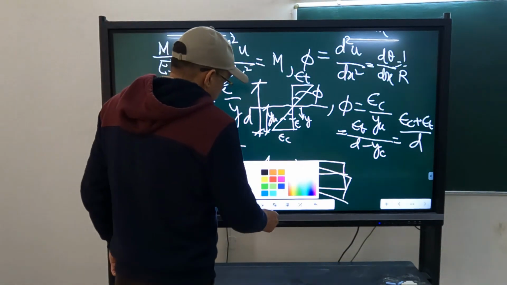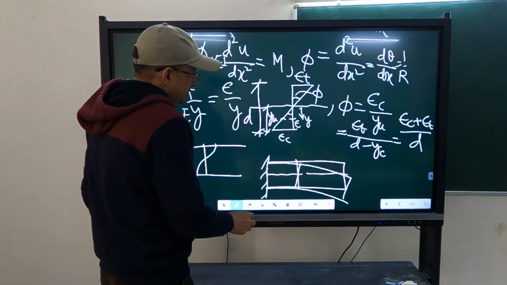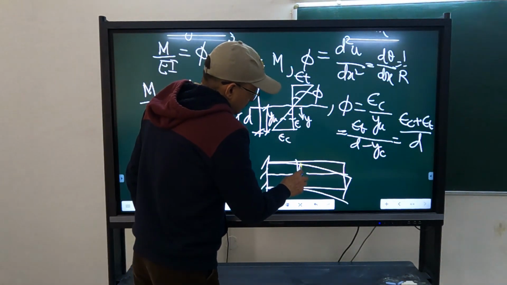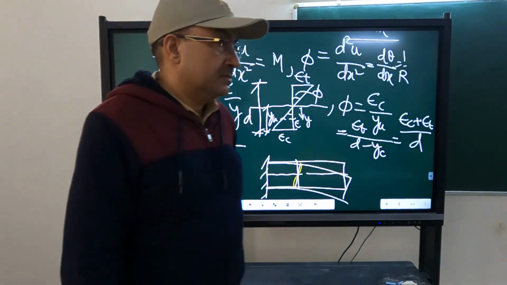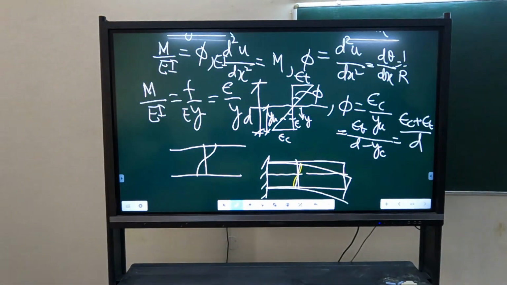But due to shear, it will warp. In Euler beam theory, we assume that plane sections remain plane, so it is valid for slender members.